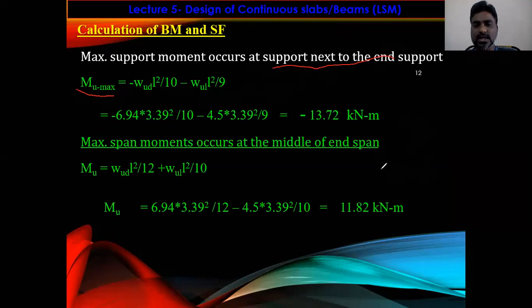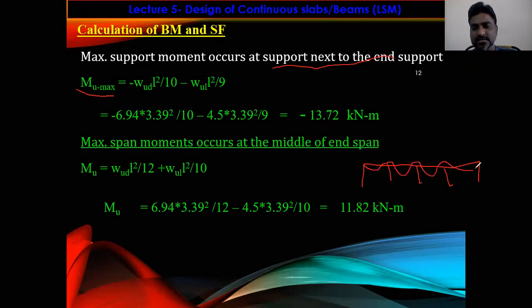As I told earlier, if this is a continuous beam or slab, the bending moment diagram is approximately like this, or you can say the deflection. Obviously, at the middle of each span you will get the sagging bending moment, and at the support you will get the hogging bending moment, that is the negative bending moment. This is positive bending, right?